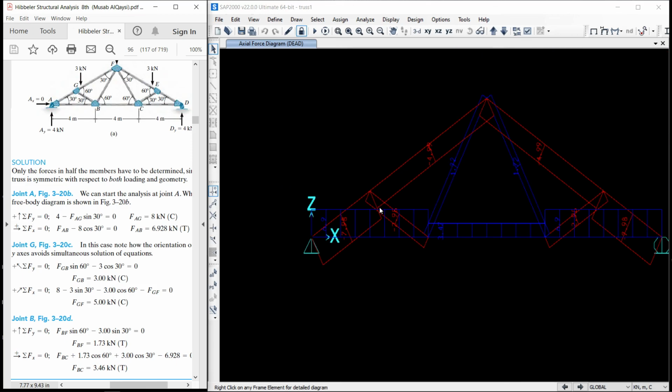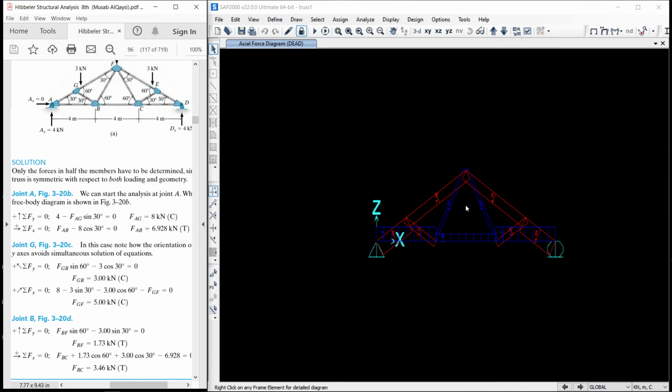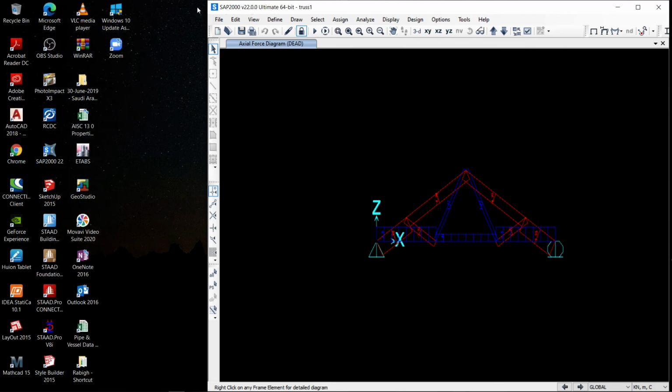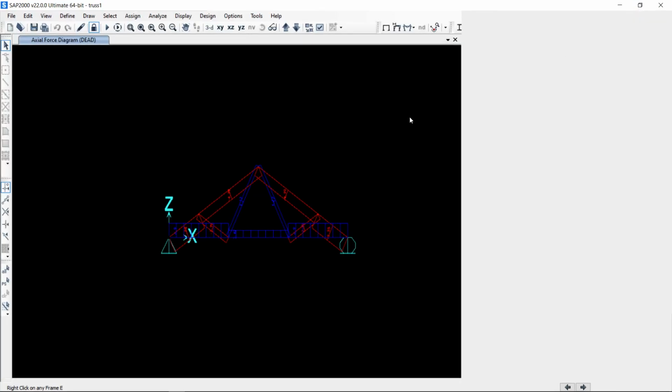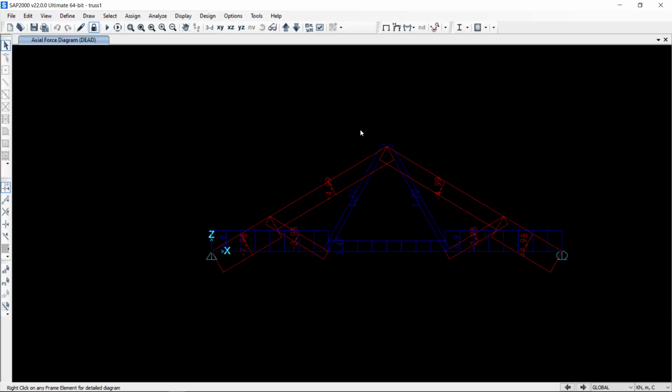So that means what we are getting over here is very exact result whatever is given in the analysis. So this is the way truss is designed in SAP 2000. We can get all the internal forces, support reactions, everything.